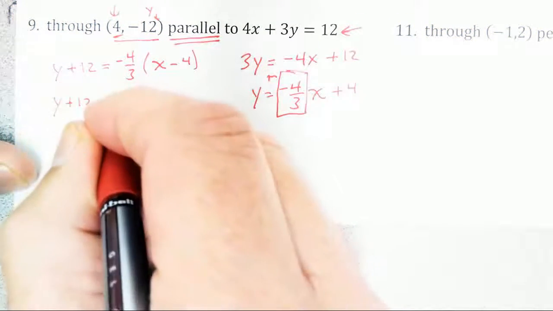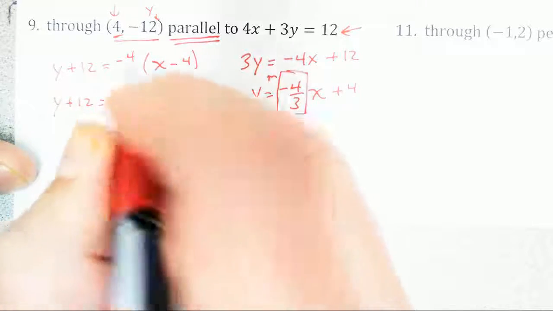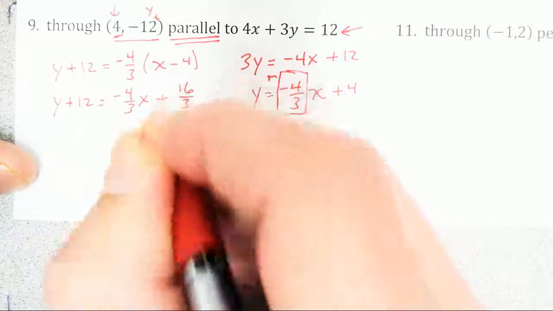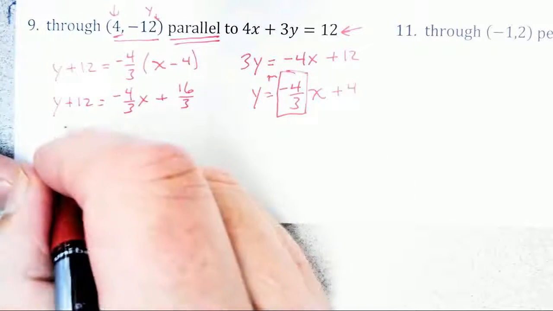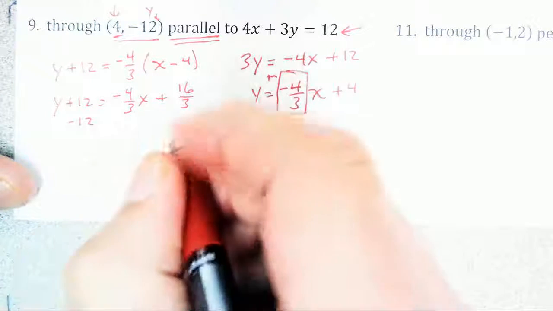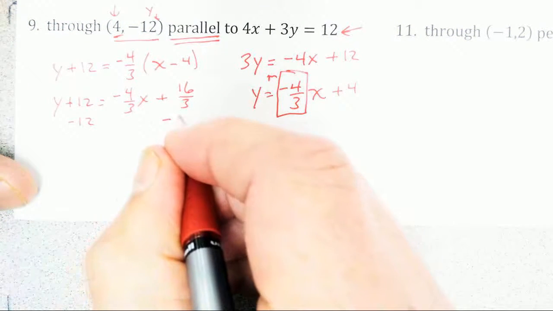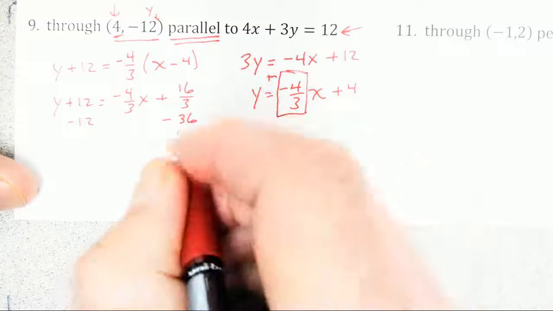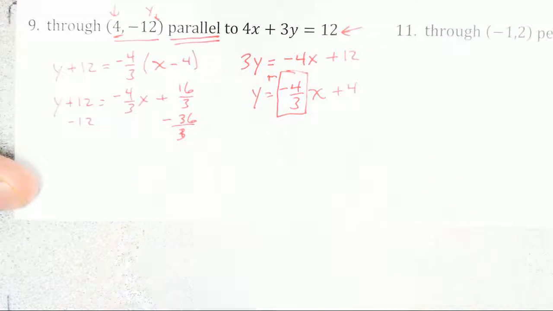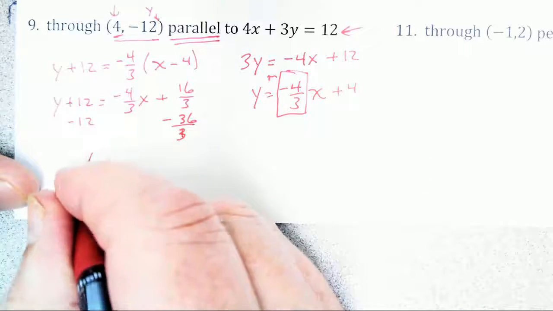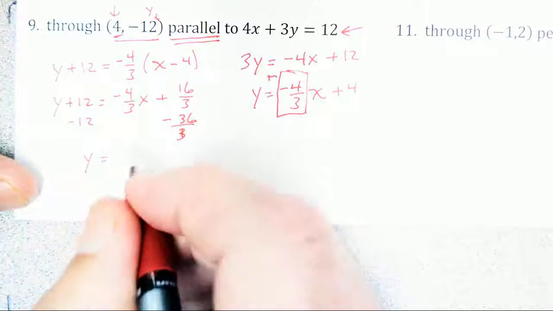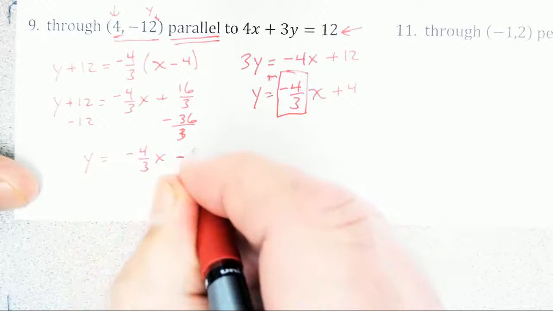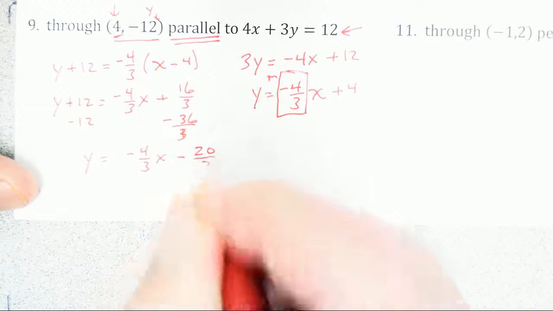Y plus 12 equals negative 4/3 x, minus times minus, plus 4 times 4/3, 16/3. I'm going to subtract 12 to get y alone. Subtracting 12, of course, is subtracting 36/3 to get common denominators. And I have y equals negative 4/3 x, 16 minus 36, minus 20/3.